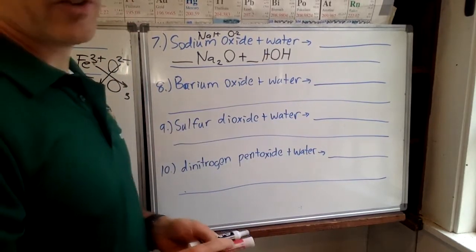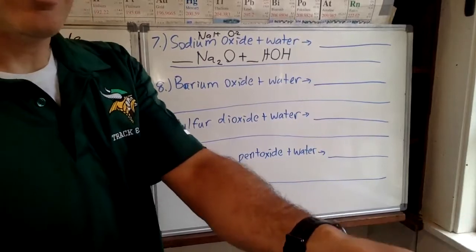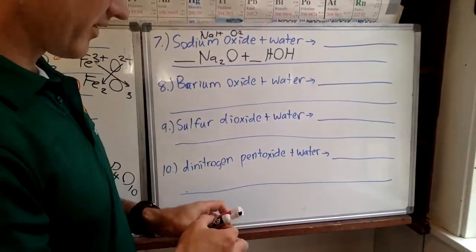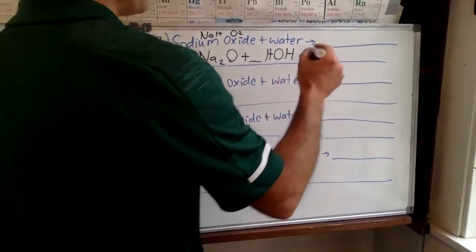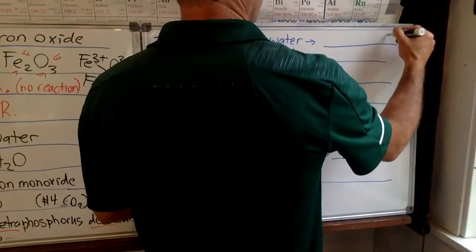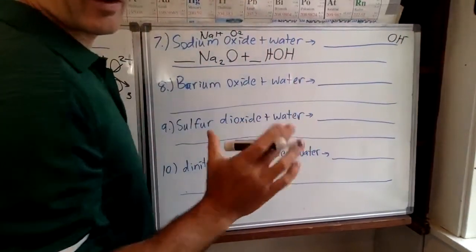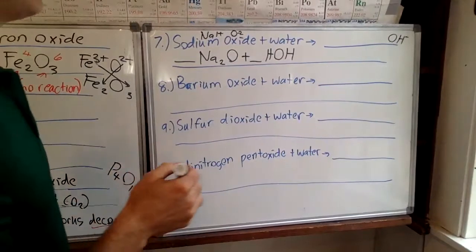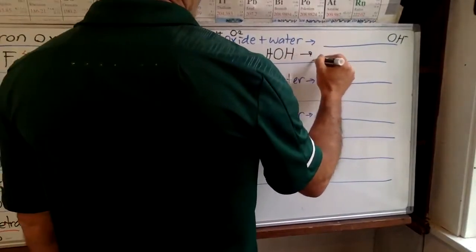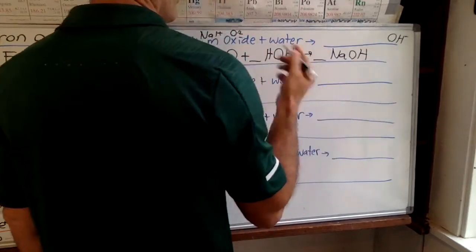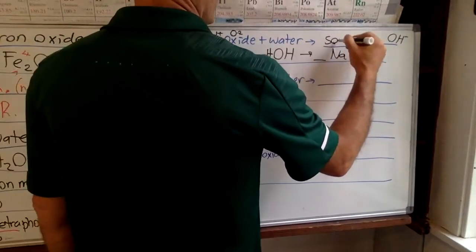It doesn't really matter too much, but what's going to happen with the metal oxide is it's going to make a base. So what's a base? A base is a hydroxide, okay? So it has to have a hydroxide ion attached to it in order for it to be a base. So that's great. That means for us, it's going to be NaOH for it to be a base, which is sodium hydroxide.